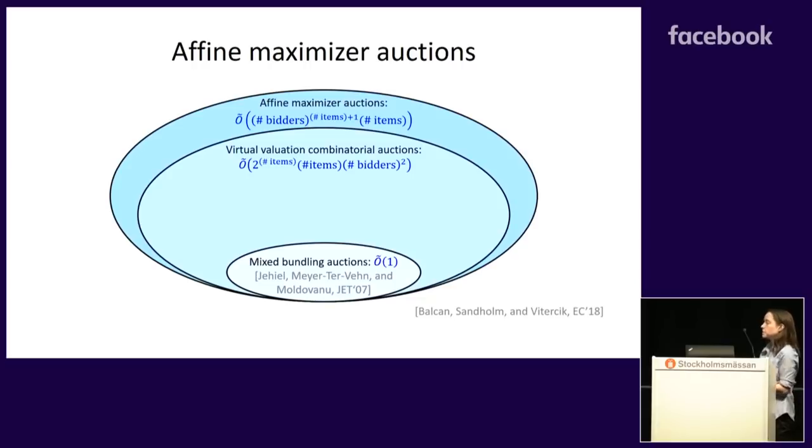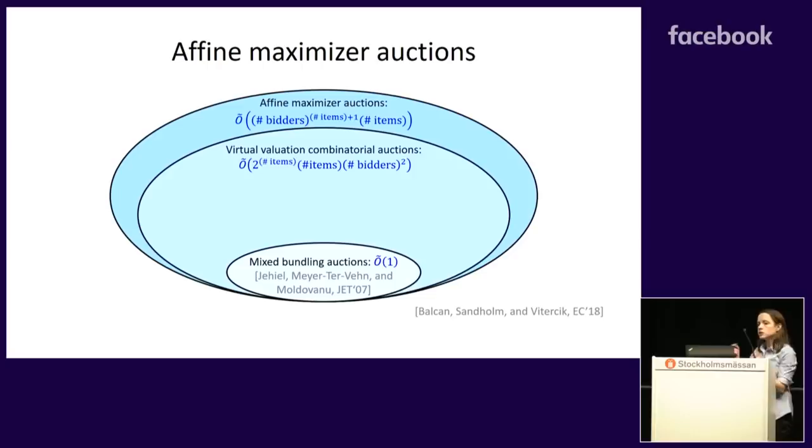So for example, mixed bundling auctions are basically a subset of affine maximizer auctions. Remember, affine maximizer auctions are a class of generalized VCG auctions where you get to boost the social welfare of a set of allocations, and you also get to multiplicatively boost every bidder's bids.